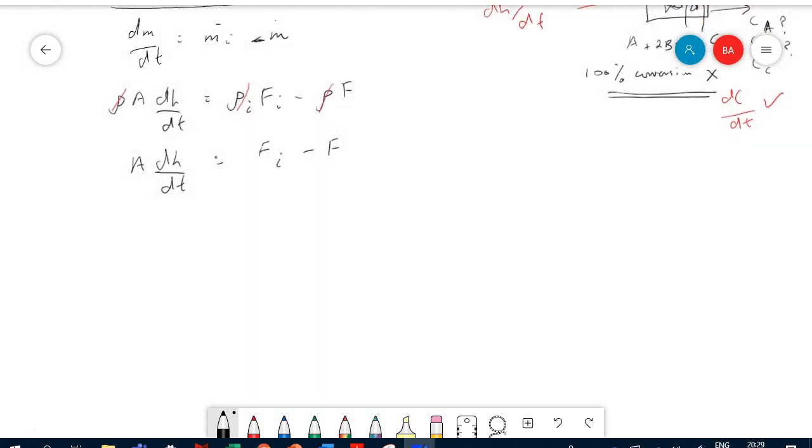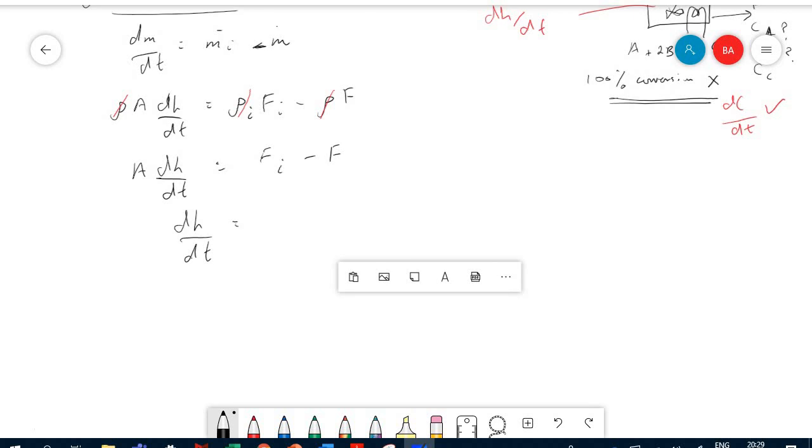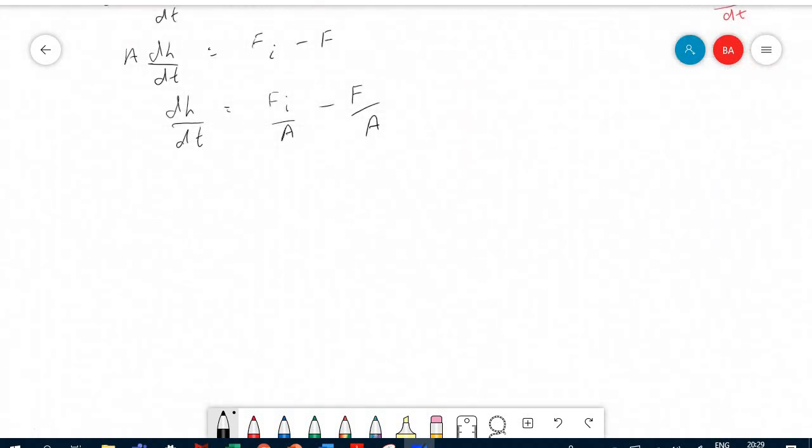Now, that was a mistake from the last lecture, but we want to mention that we forgot the A term here. So just recalling the A term, dH by dt is equal to Fn divided by area minus F divided by area. And then we had F is equal to alpha square root of H, if you can recall that.